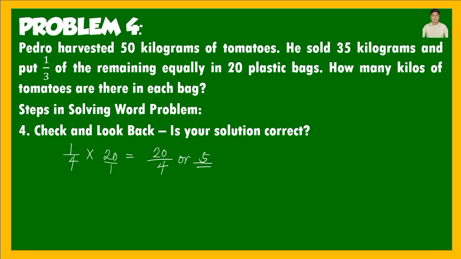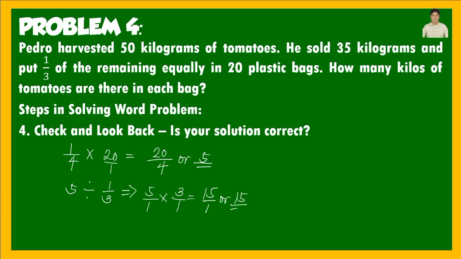Next. Kanina, nakuha yung 5 by multiplying 1/3 and 15. So, ngayon naman, yung 5, imbis na i-multiply natin siya is i-divide po natin siya sa 1/3. Okay, so magiging 5/1 times 3/1 siya. That is 15/1 or 15.